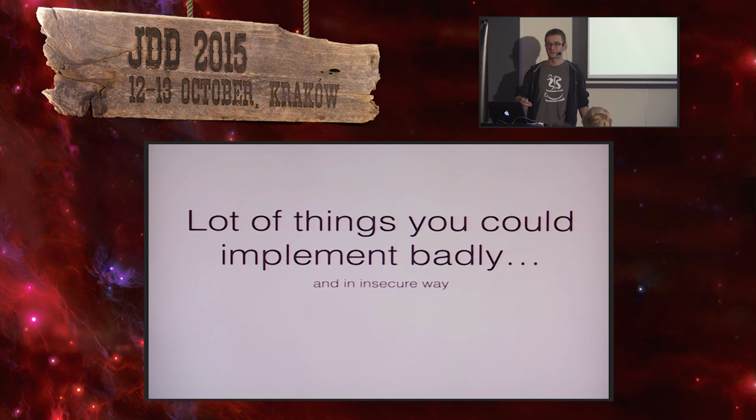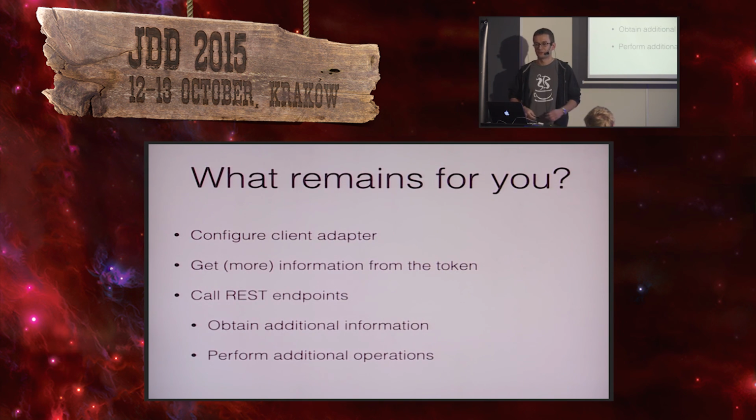Those are all the things that you could implement badly in your application and in an insecure way. So what really remains for you? You still need to configure the client adapter. You need to get more information from the token if you want to make an authorization call. And then it's also pretty flexible, because if Keycloak, or a solution like Keycloak, is configured with social providers like Facebook, Twitter, and so on, you will also get tokens from them.